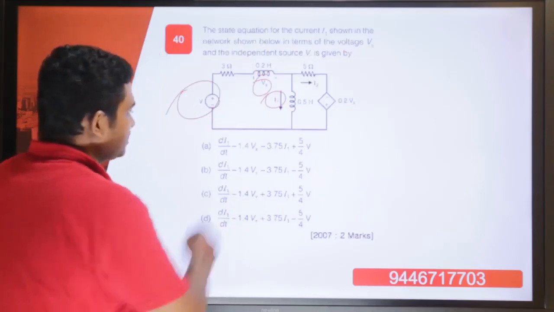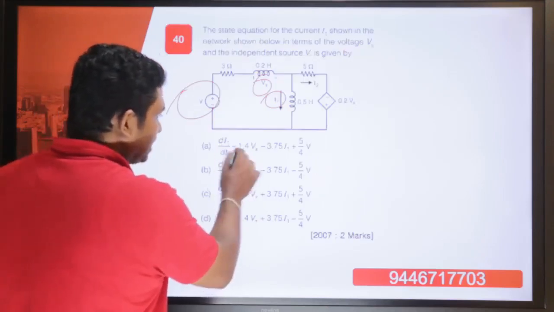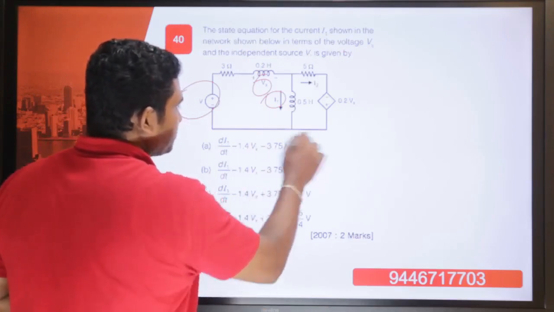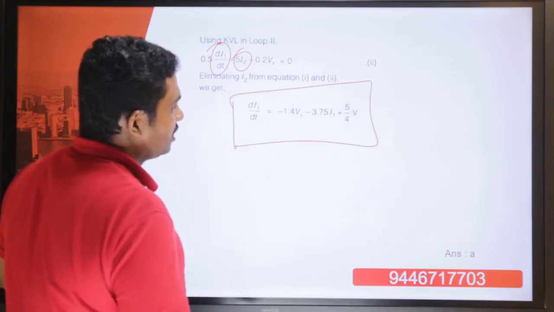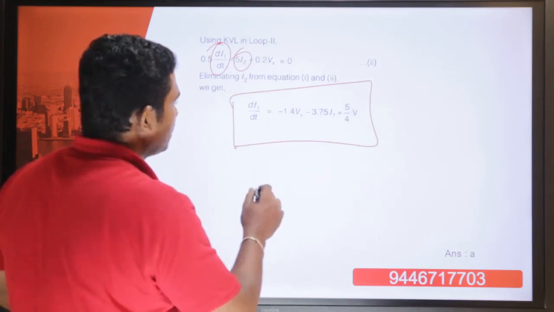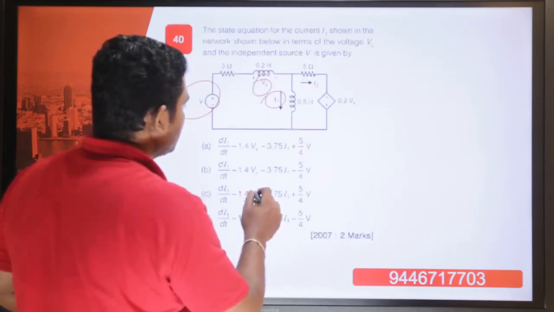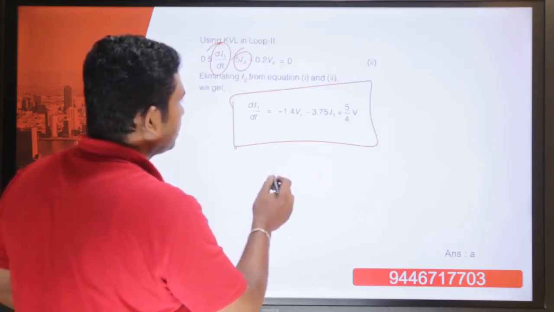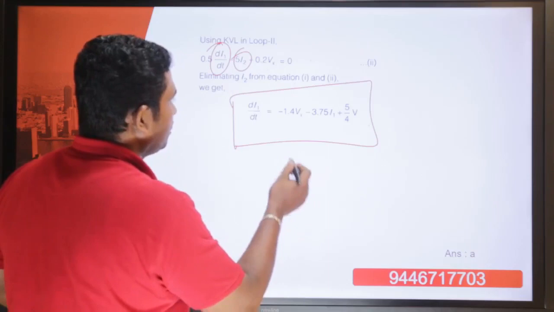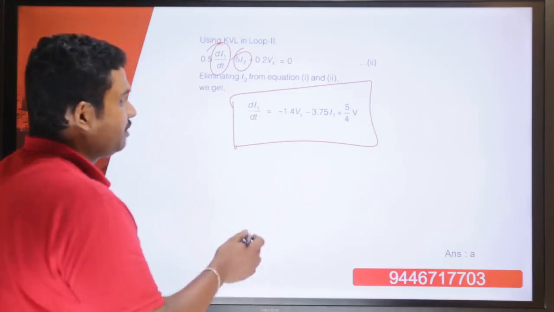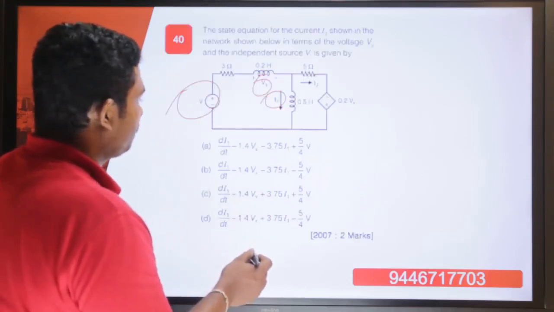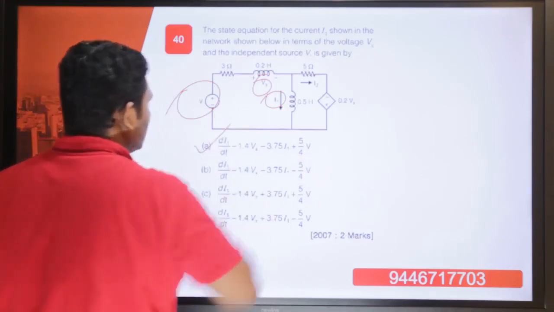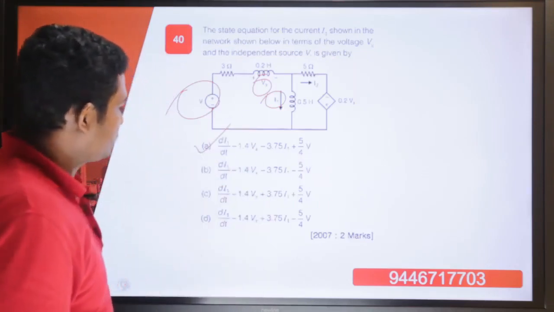Our answer choice is di1 by dt equal to minus 1.4 Vx minus 3.75 I1 plus 5 by 4 V. This is our equation, so this is option A. Our answer is option A.